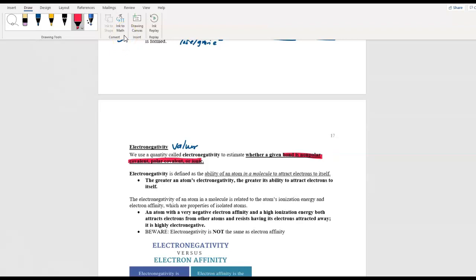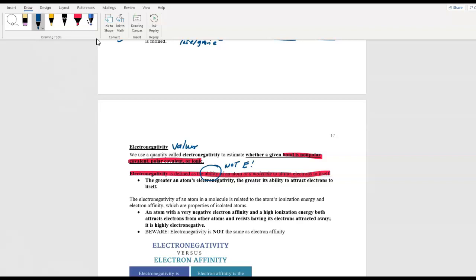Electronegativity is defined as the ability of an atom in a molecule to attract electrons. That is a big definition, because I do not want you to associate it with something else. It's an ability. It has nothing to do with energy. Basically, it's a rating system, and you'll see the information coming in just a second.